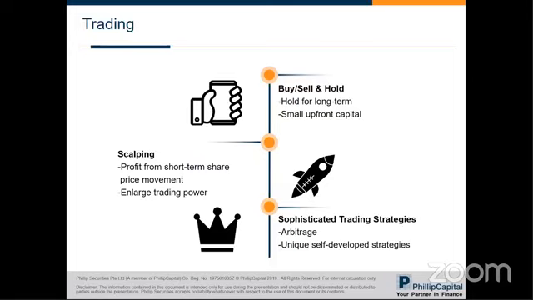You can buy and sell or even hold this CFD position for the long term with small upfront capital, which gives you additional cash for other things, such as paying your mortgage or buying a new house. If you use CFD, you can free up some cash to do other things or spare for emergency purposes. That's one of the advantages of CFD for trading and investment.